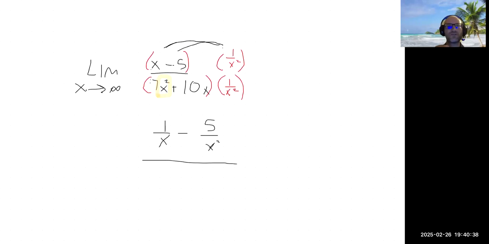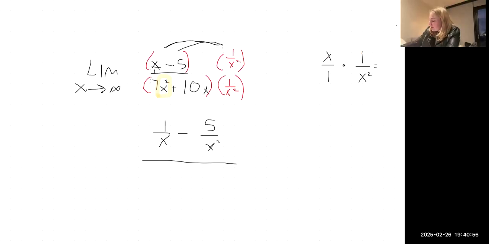So this was x over 1, right? Let's do this off to the side. Okay. So we have x over 1. Let's turn that into a fraction. And we're going to multiply this by 1 over x squared. Ah, you get x over x squared, which simplifies to just 1 over x.